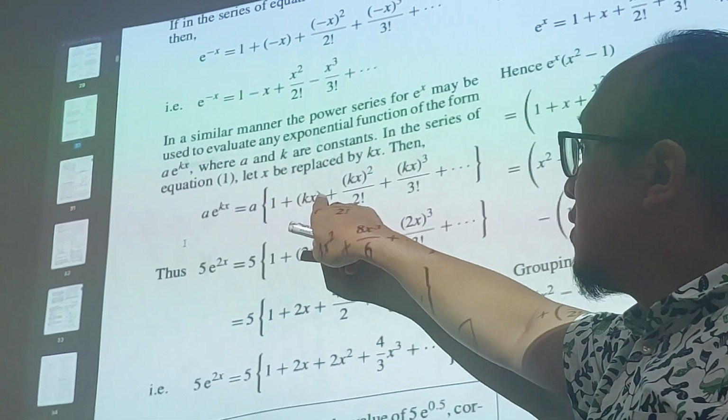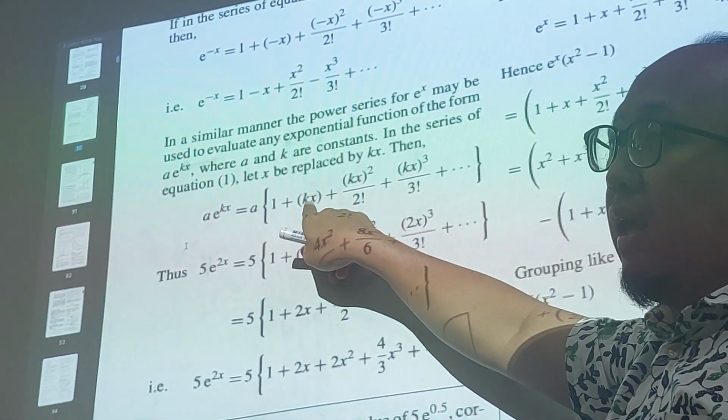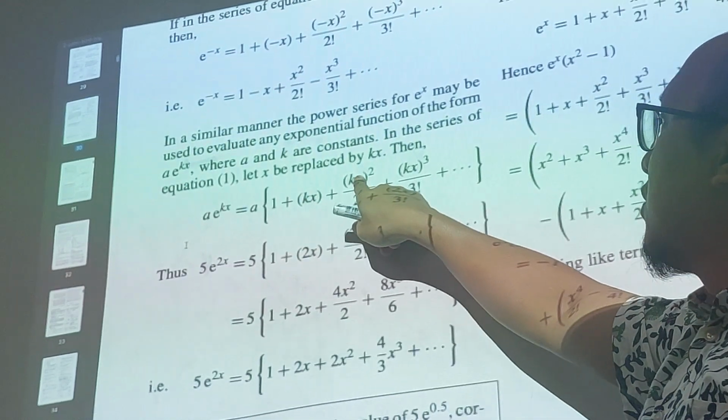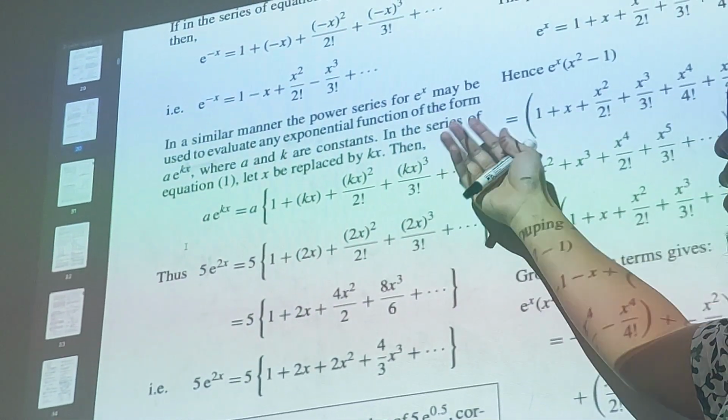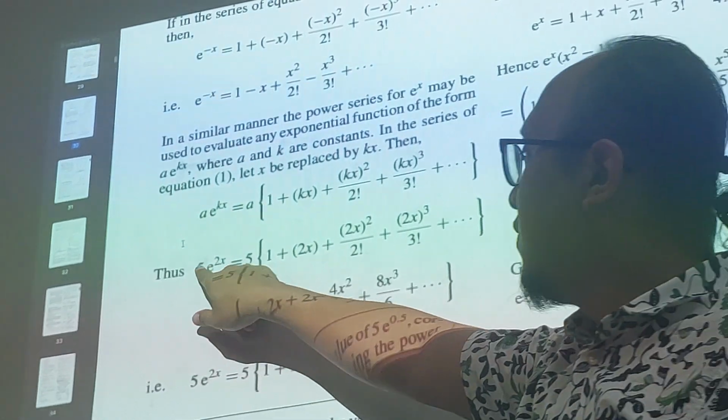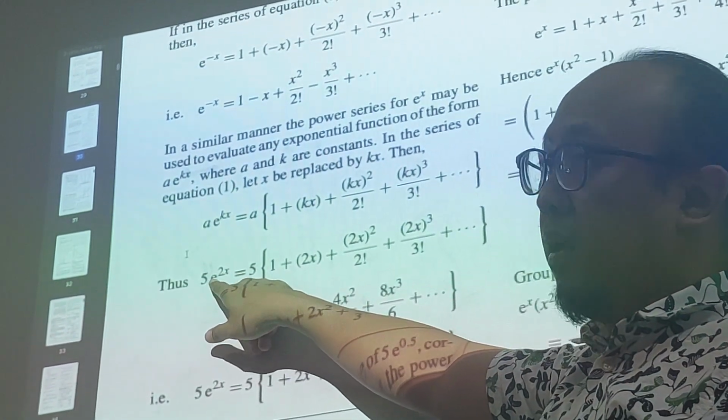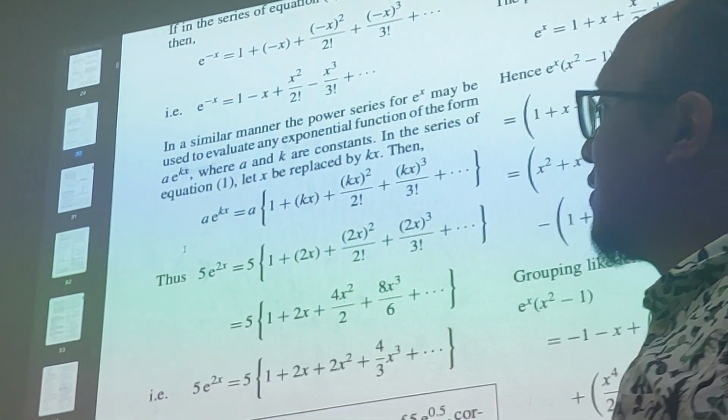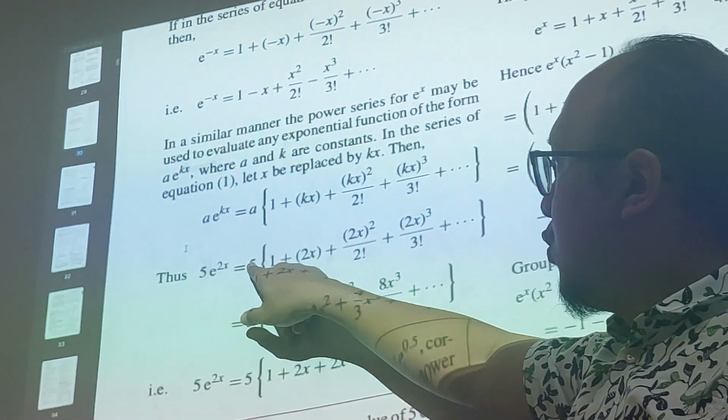For x you substitute kx, kx squared, kx to the power of 3 and so on. For example, 5 multiplied by e to the power of 2x.